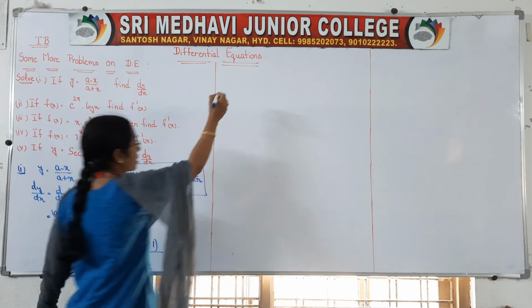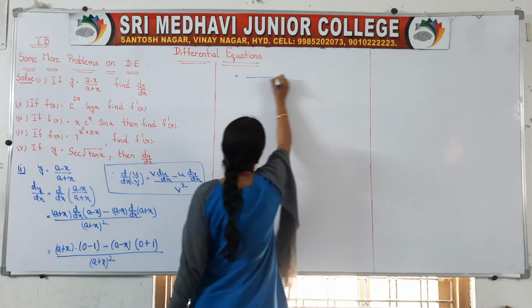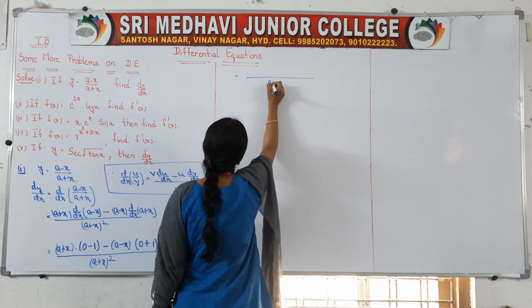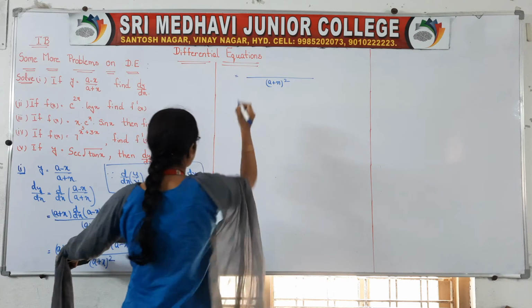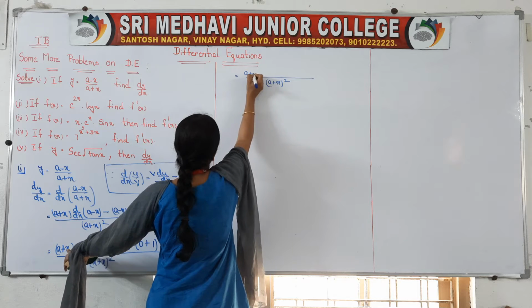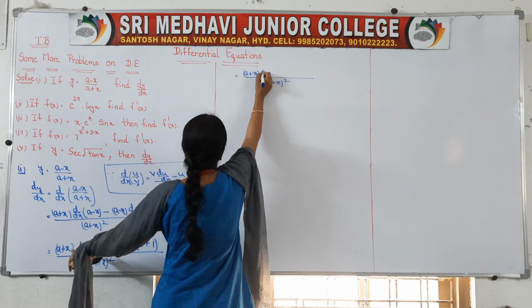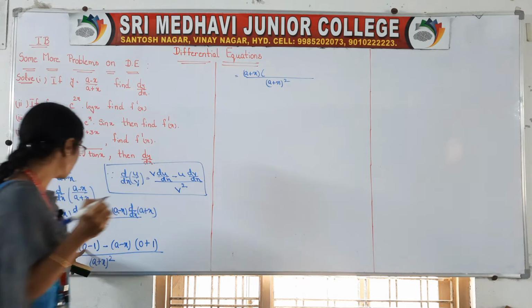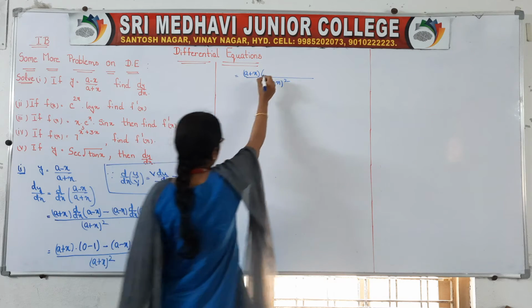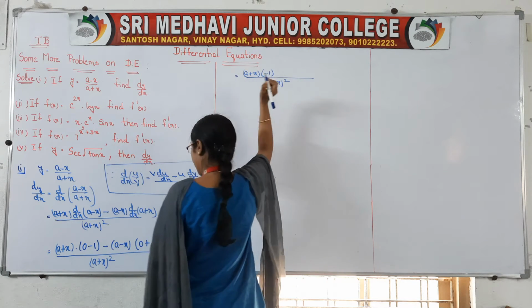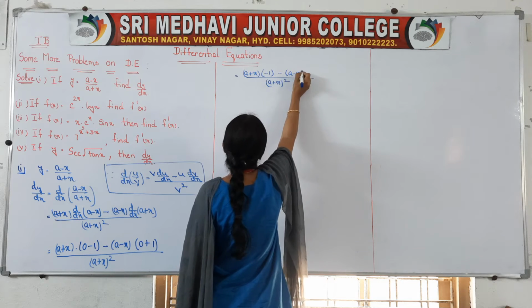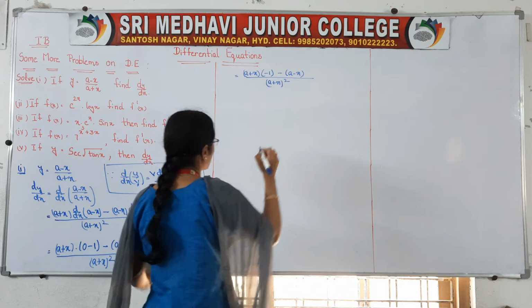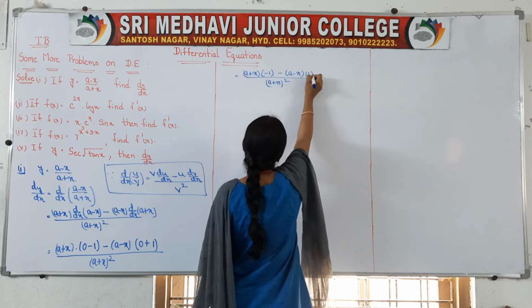Downwards we have (a plus x) whole square, and here it is (a plus x) into 0 minus 1, which is minus 1, minus of (a minus x) into 0 plus 1, which is 1.